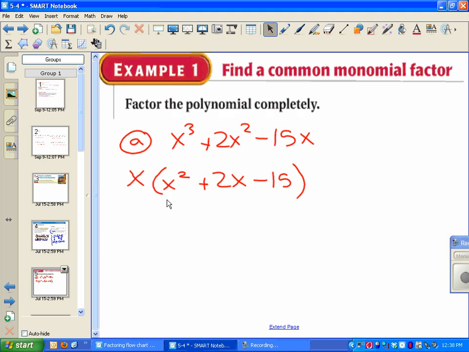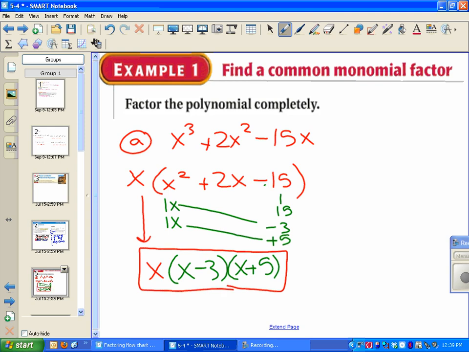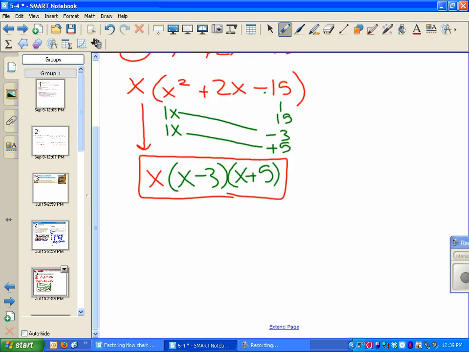So for this we would have 1x and 1x, and then things that multiply to 15 are 1 and 15, and 3 and 5. And since this is a minus sign, we're looking for a difference of positive 2. So that would have to be a negative 3 and a positive 5. Right, so I'm going to rewrite that as x minus 3 and x plus 5. And then don't forget about that GCF. Right, and everything is written as a product of unfactorable polynomials, so that is our final answer for A.